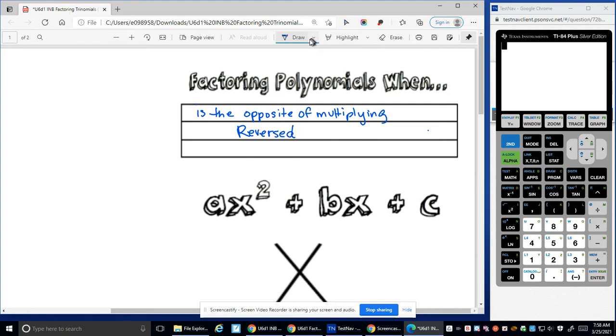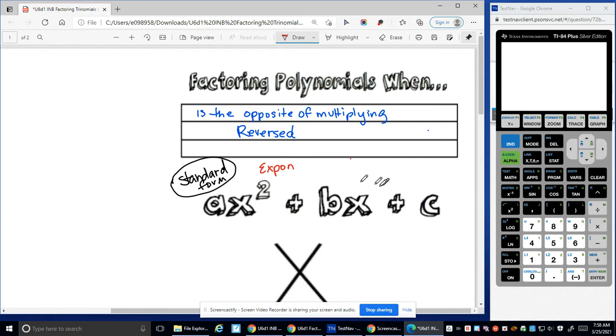Notice here how we have standard form. So one of the first things is you got to make sure, am I in standard form? Okay, our standard form looks like that. And I want to point out to you that the exponents are going from big to little, right?